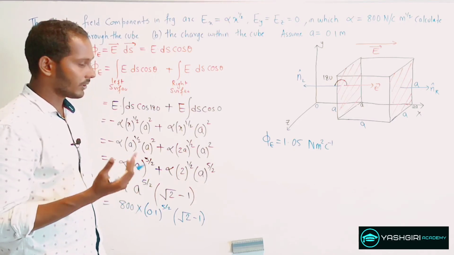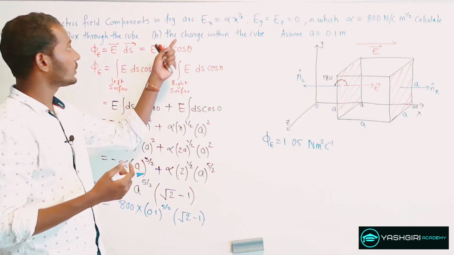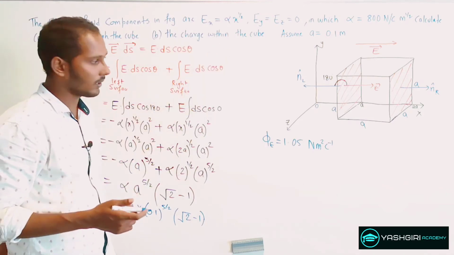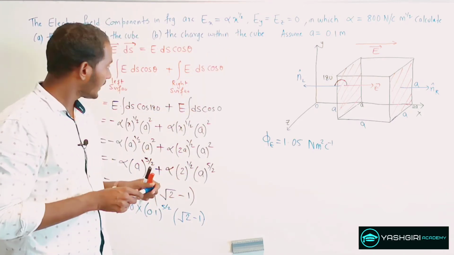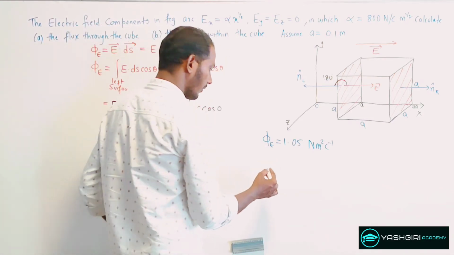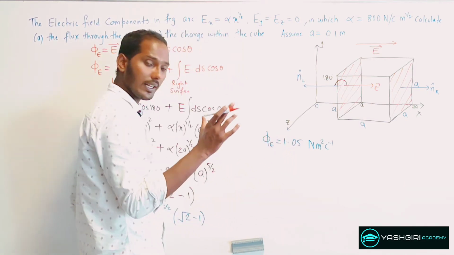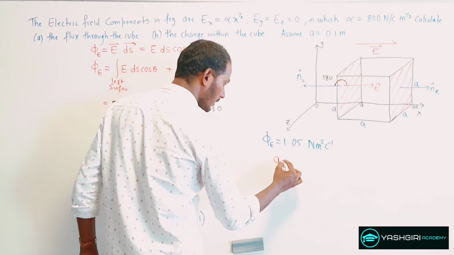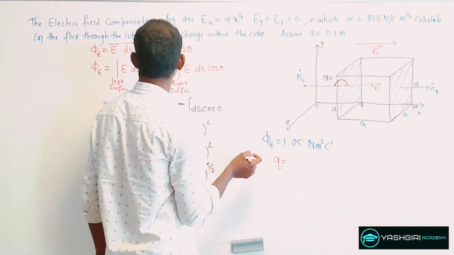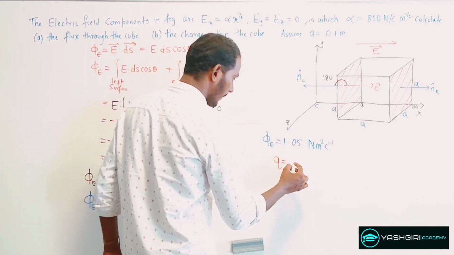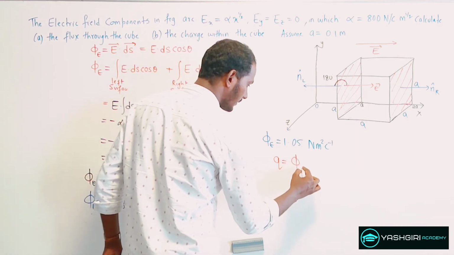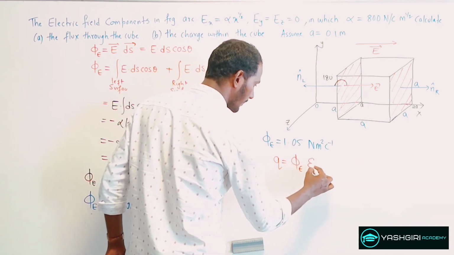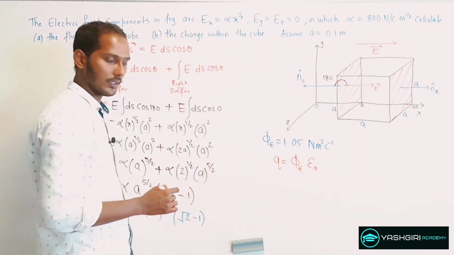Now here we are told to calculate the charge within the cube, and to calculate the charge within the cube we have a relation. Okay, if I just rearrange the same expression of a Gauss law, Q is equal to the electric flux into the epsilon naught, just rearranging this.